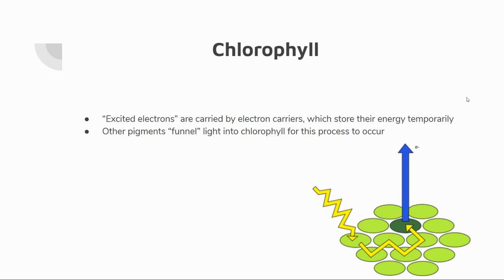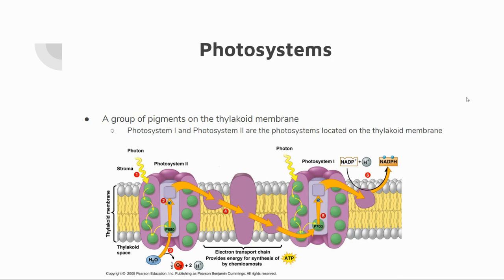They are carried by electron carriers, which store energy temporarily. Other pigments funnel light into the chlorophyll for this process to occur. And photosystems are a group of pigments on the thylakoid membrane. A thylakoid membrane is part of the chloroplast. Photosystem 1 and photosystem 2 are the photosystems located in the thylakoid membrane.